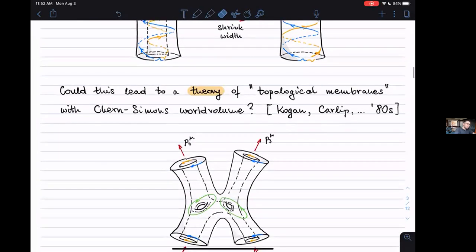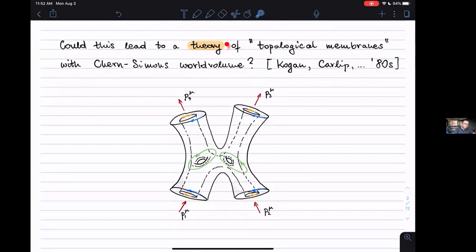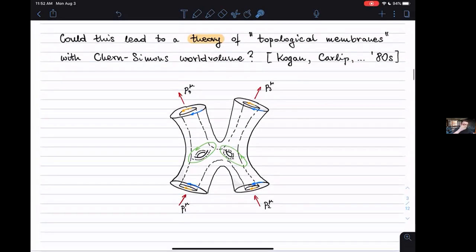Very good. So now you can ask yourself a question that has been asked: could this lead to some kind of new theory of so-called topological membranes with Chern-Simons world volume? That's a question that people like Ian and Carl Lipp have been studying in the 80s. The picture would look something like this, with membranes of this type interacting.